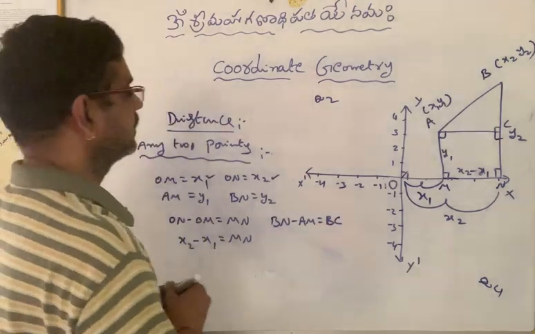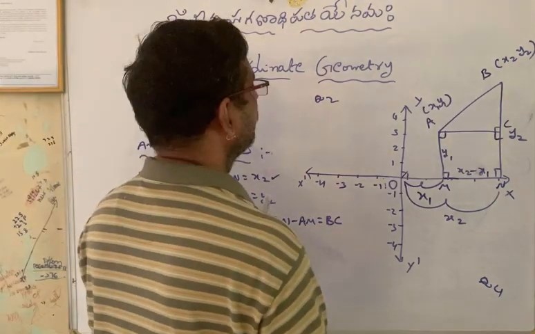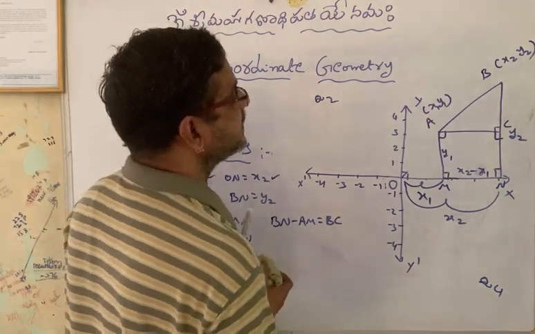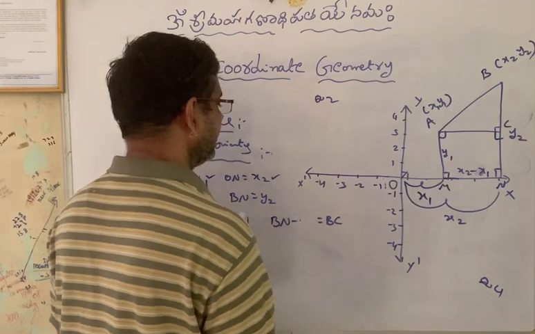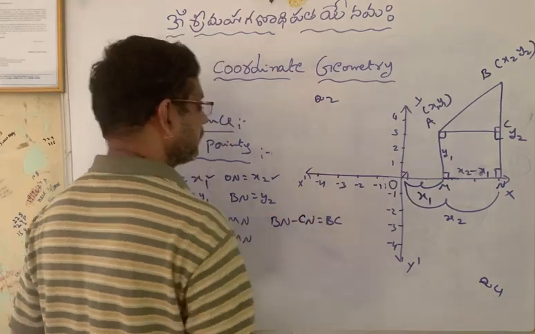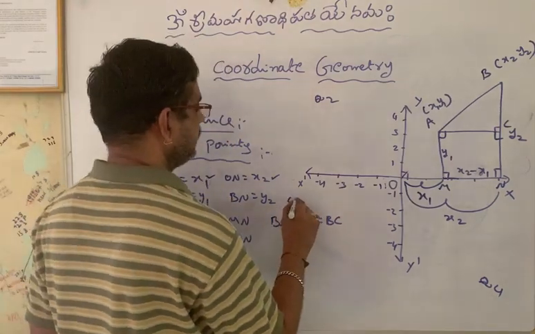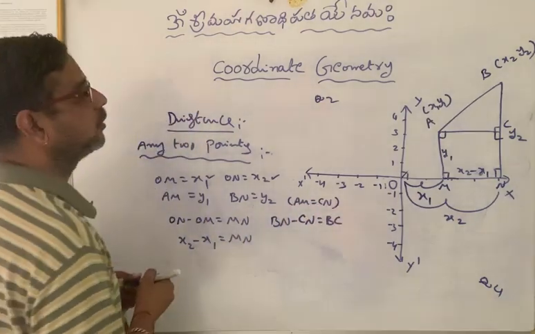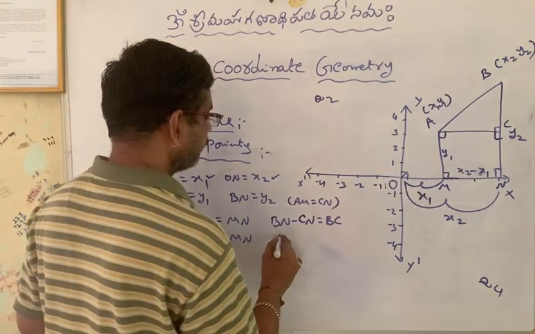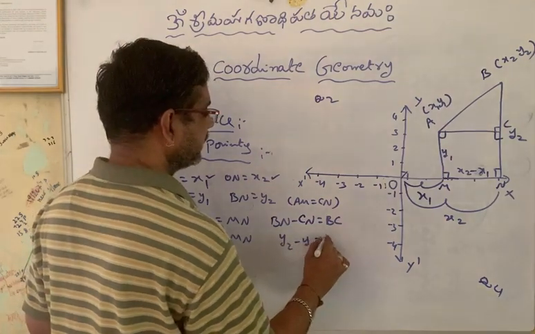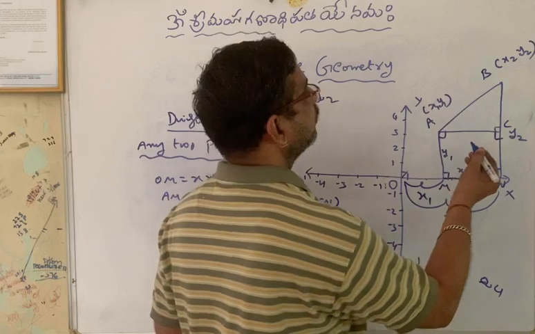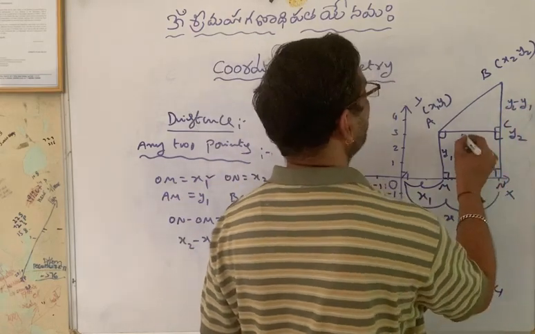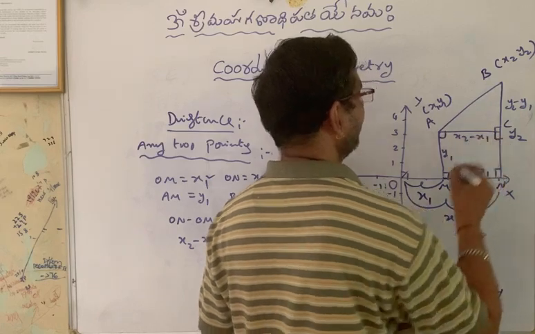That is BN minus CN, because here AM is equal to CN, opposite sides are equal. So what do we get here? y2 minus y1 is BC. So this is y2 minus y1, and I said that opposite sides are equal, so AC is x2 minus x1.